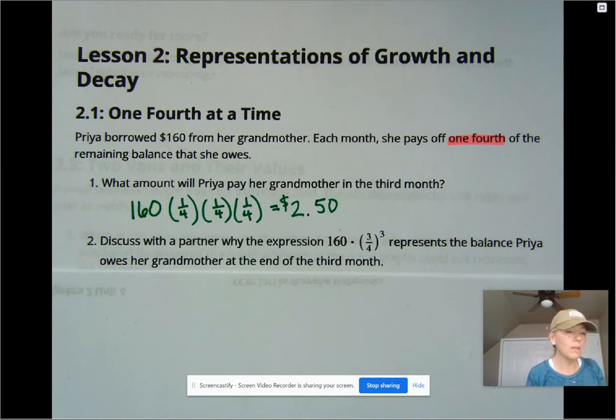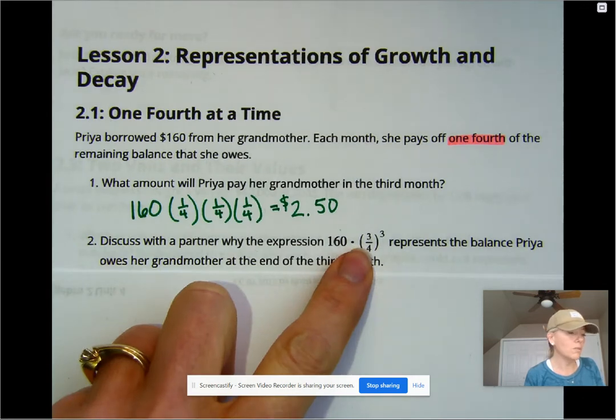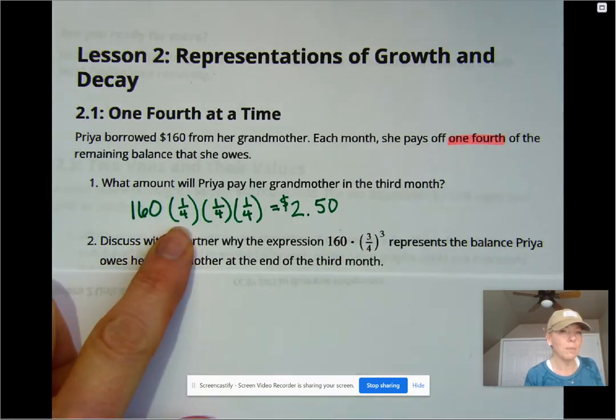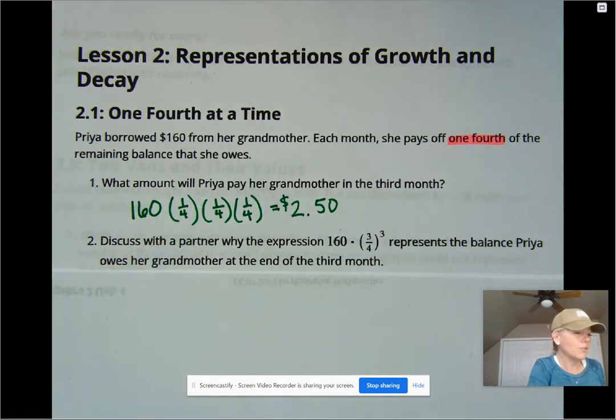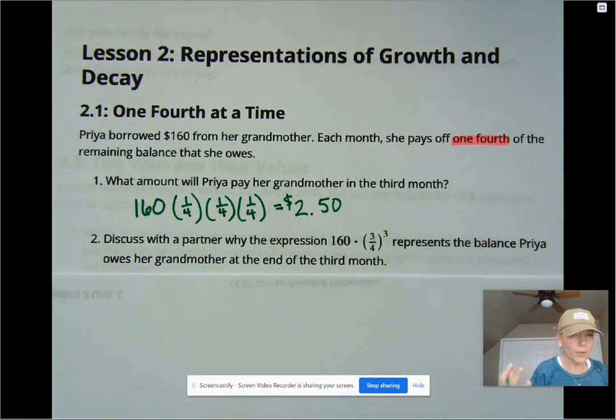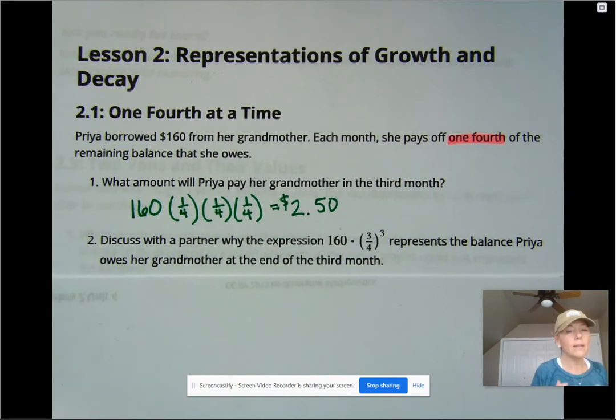So this is a little bit different than what we used to figure out what she was going to have to pay. But think about it. Every month, if she's paying 1/4 of her balance, then doesn't that mean that 3/4 of her balance is still remaining? And so that's the difference there between the two ways to calculate.